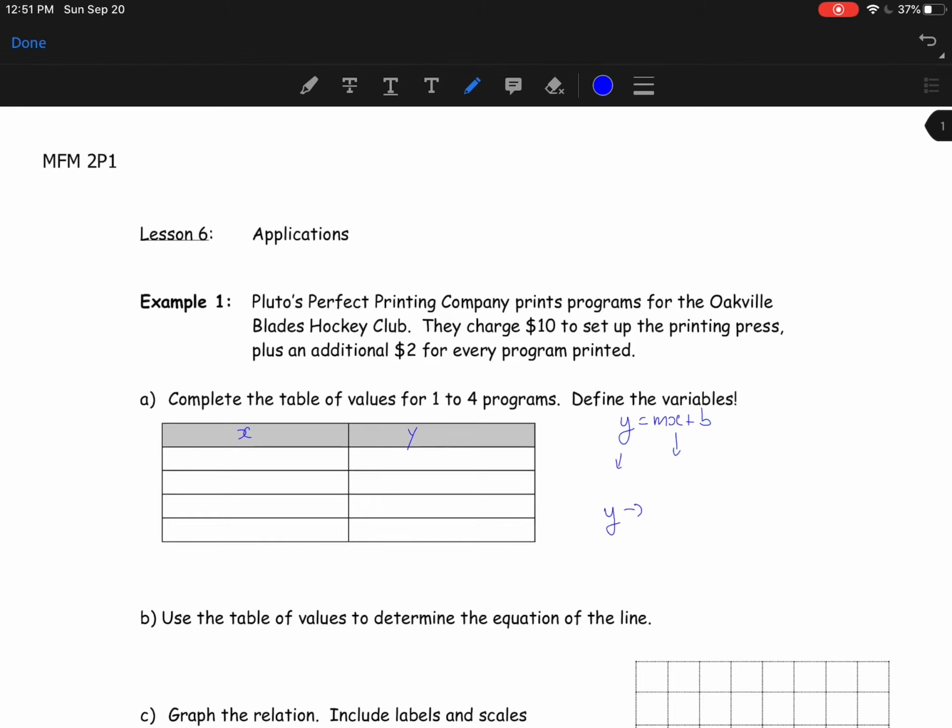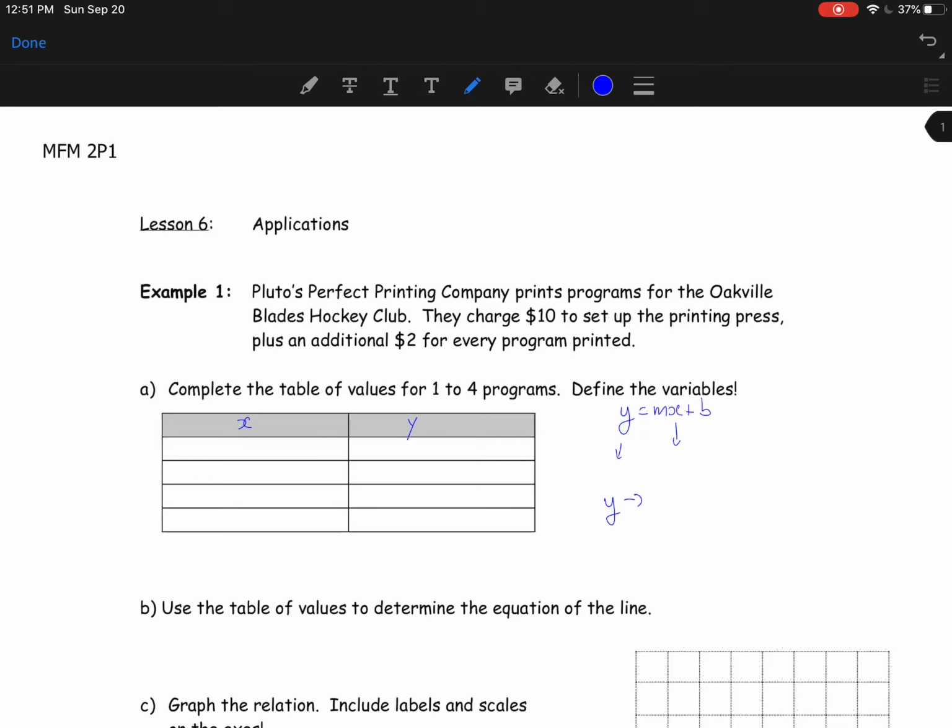So in this question, we're talking about the cost of the program, so y is our total cost. The thing that's going to change our cost is how many programs they print, so that's my x variable, programs printed. Now we can jump into the question and model that through our table of values.